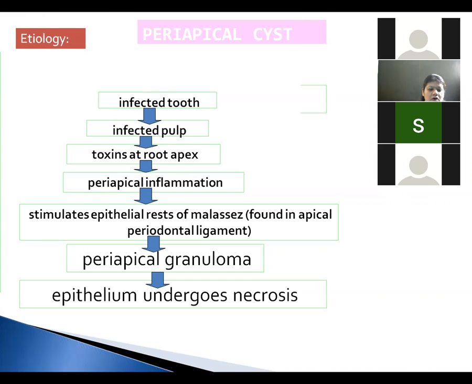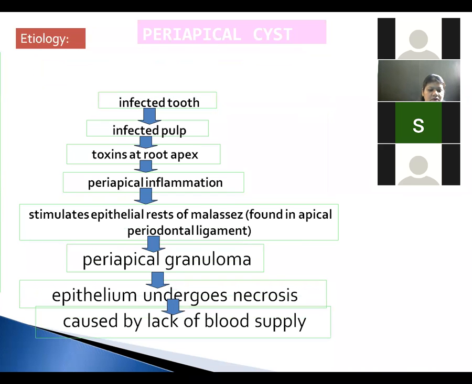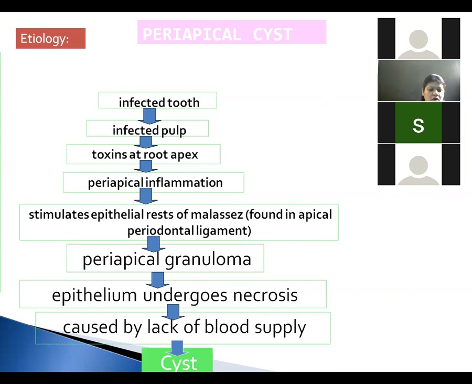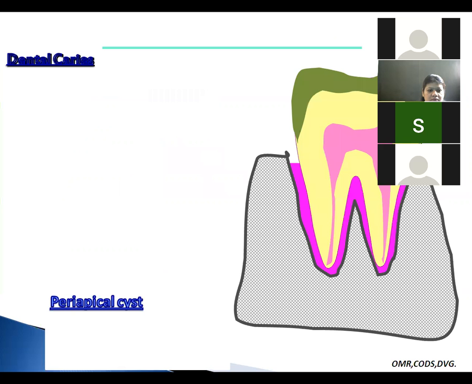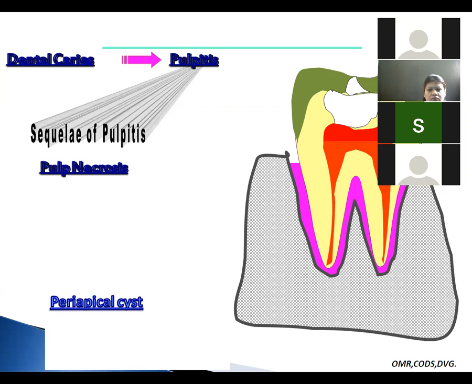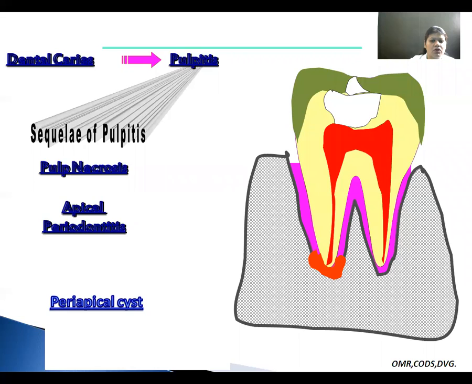And these granuloma epithelial cells undergo necrosis caused by lack of blood supply and form the cyst or the lumen. So the sequelae of pulpitis: pulp necrosis, apical periodontitis, and the periapical cyst.